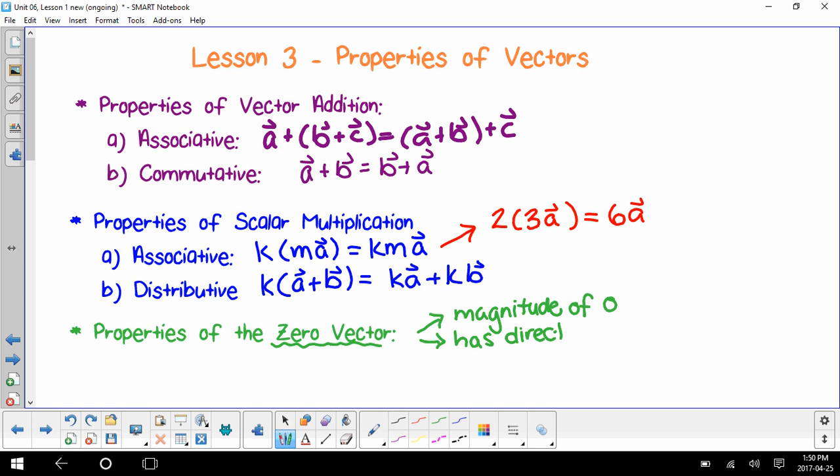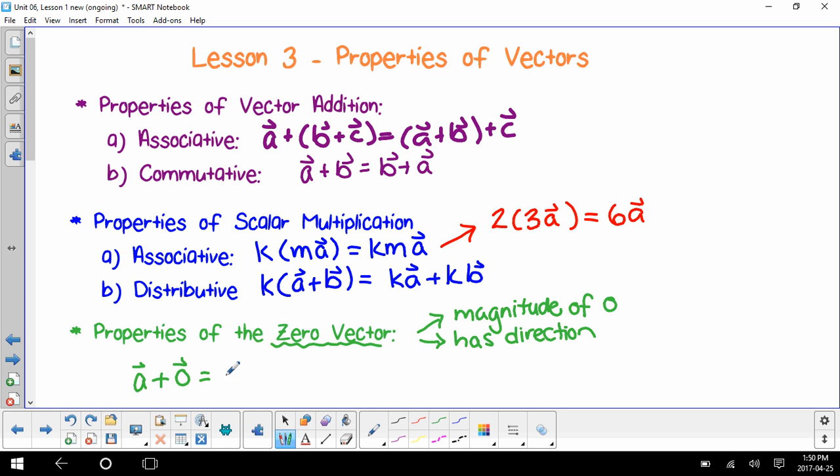So it's distinct from just the number 0, but its direction is actually undefined. So the idea is this is a vector and not a scalar, and it just represents sort of an empty vector.